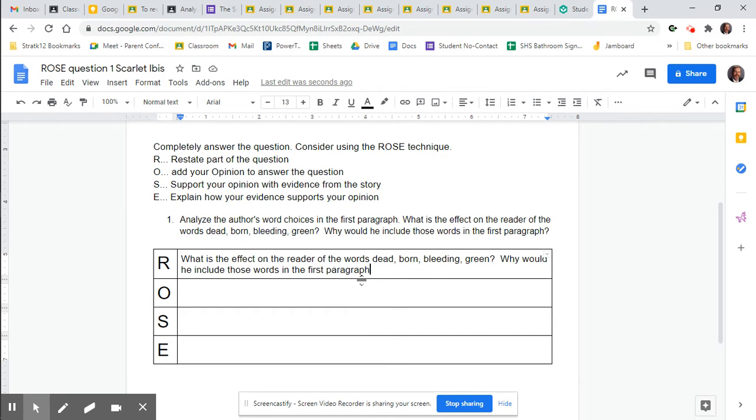So we take some of this question and say, maybe the effect on the reader of the words dead, born, bleeding, and green.